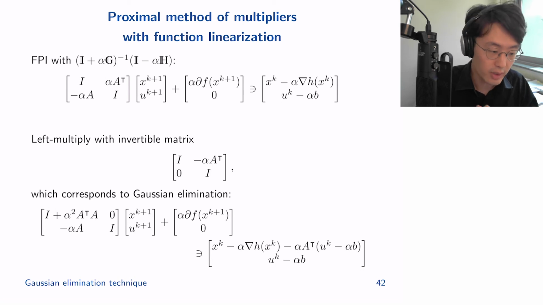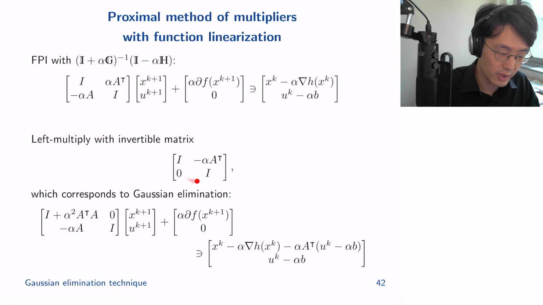So what do we do? Well, we construct this matrix. This matrix is invertible because it is an upper triangular matrix with all diagonals equal to 1. In particular, the determinant of this matrix is equal to 1. And so we left multiply this inclusion by this matrix, and we get this lower triangular system.